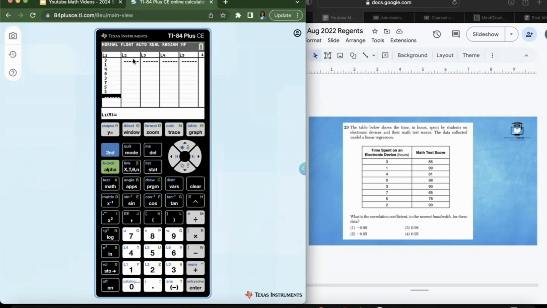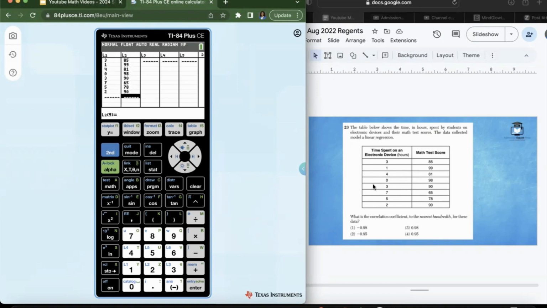Be very careful not to make any mistakes when entering these data points. Our output values or Y values are going to be math test scores, and we're going to enter it in L2. We have 85, 99, 81, 98, 90, 65, 78, and 90.